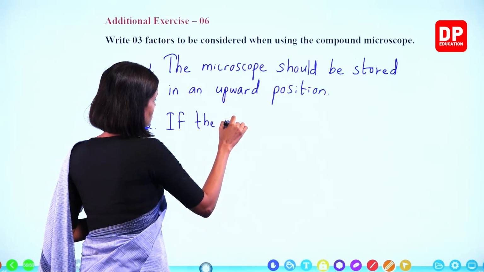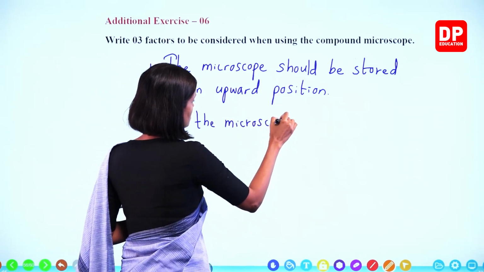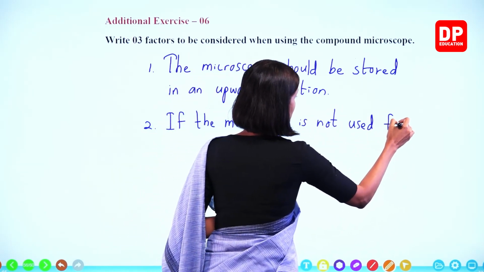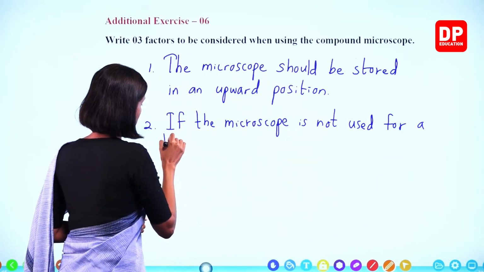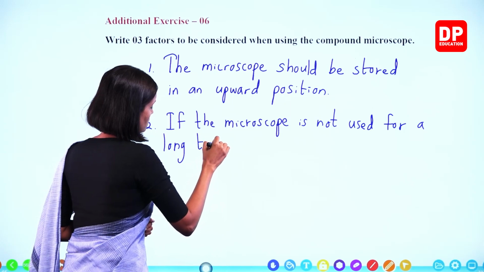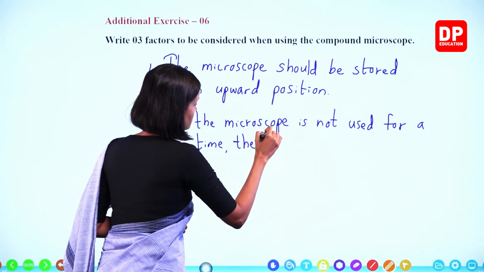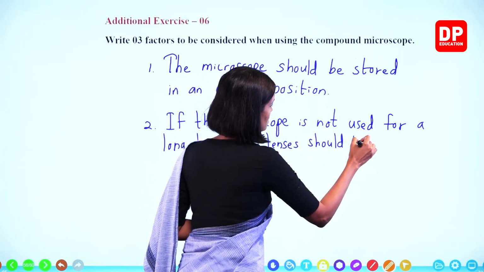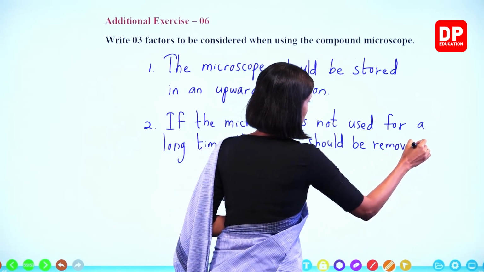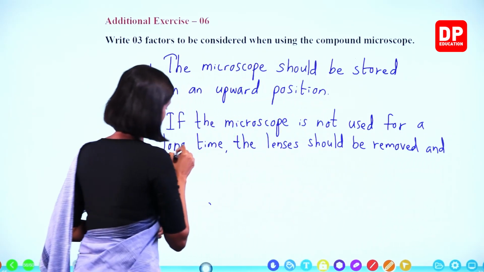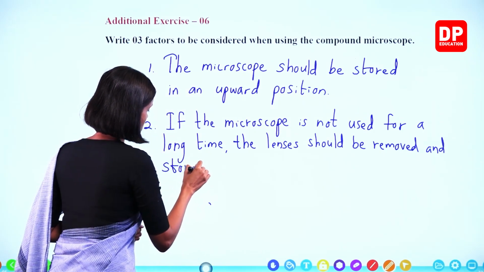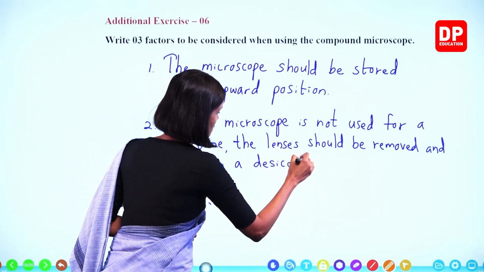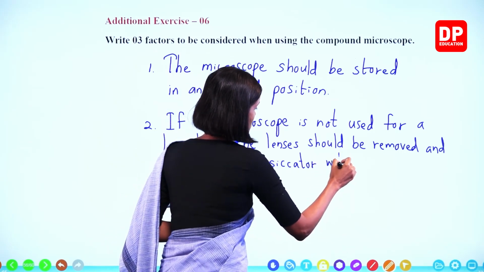If the microscope is not used for a long time, the lenses should be removed and stored in a desiccator with silica gel.